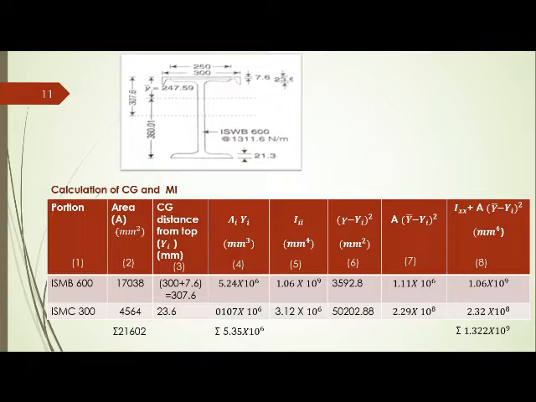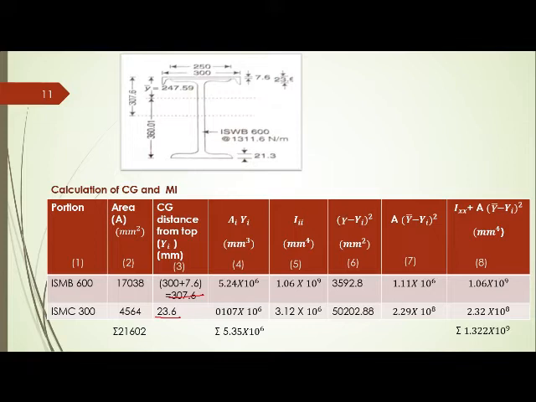Now we have calculated the CG from the extreme top of the cap channel. So the distance is 300 plus the thickness of the web of the cap channel, 7.6, so it comes to 307.6 millimeter. Next, this is noted in the IS code handbook SP6 as 23.6, which is denoted as Cxx.